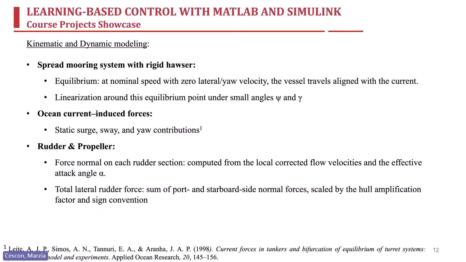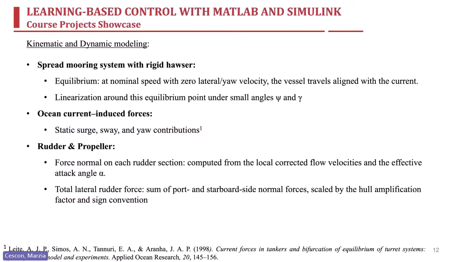So for the kinematic and the dynamic modeling, we have three components. For the spread mooring systems with the rigid hawser, we consider one equilibrium point at nominal speed with zero lateral yaw velocity, meaning that the vessel travels aligned with the current. We linearize our model around this equilibrium point under small angles, the heading angle and the current angle.